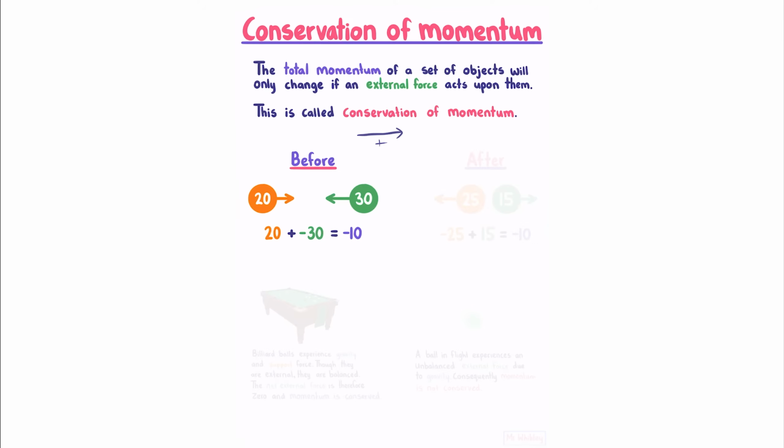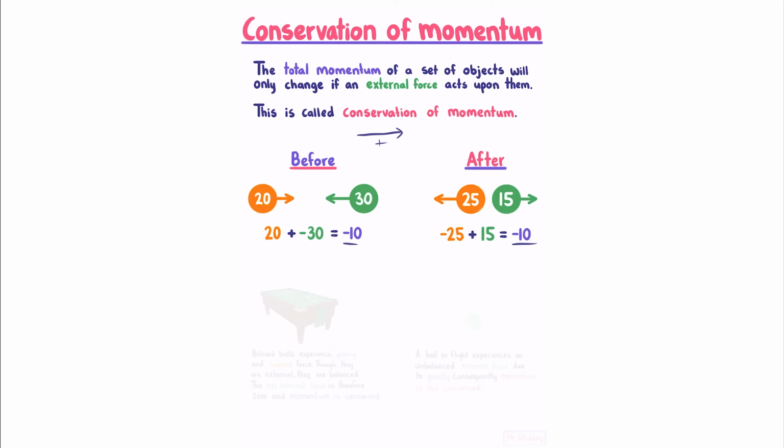If these two balls were to collide, we might see that afterwards, the orange ball has a momentum of 25 towards the left and the green ball a momentum of 15 towards the right. Once again, adding these momentums together gives us negative 10.